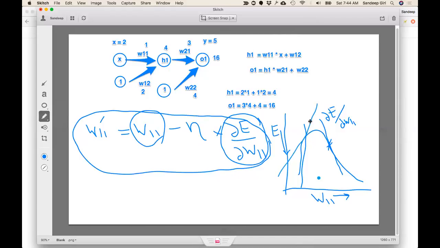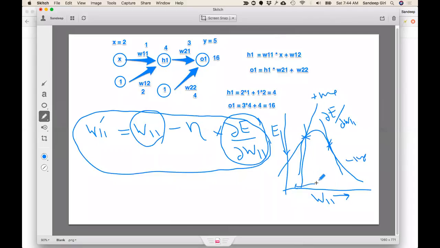For this W, the error is this much, and the rate of change of error is positive. So we'll go in this direction, of course.